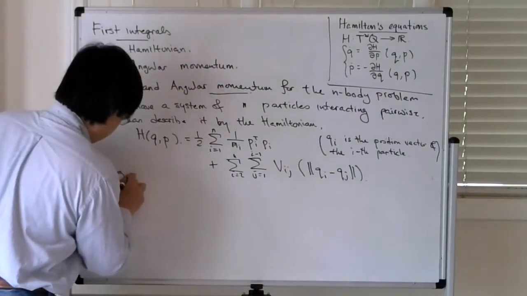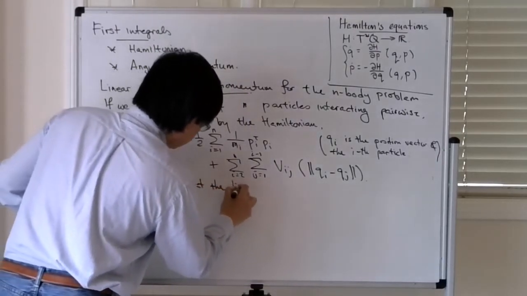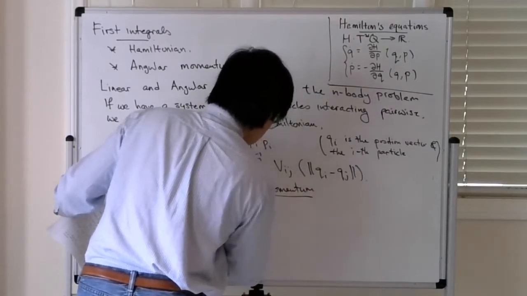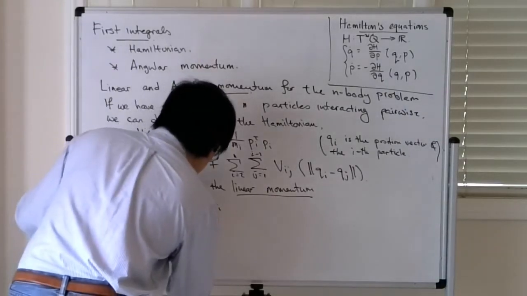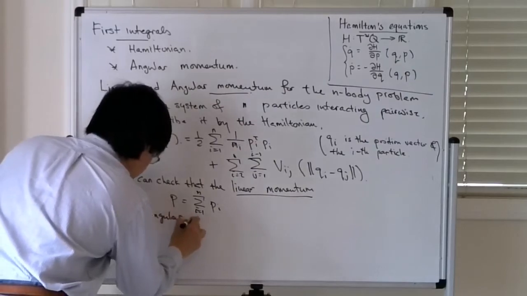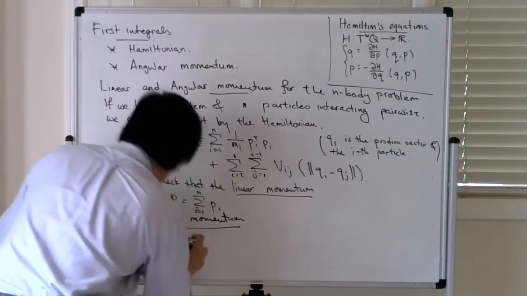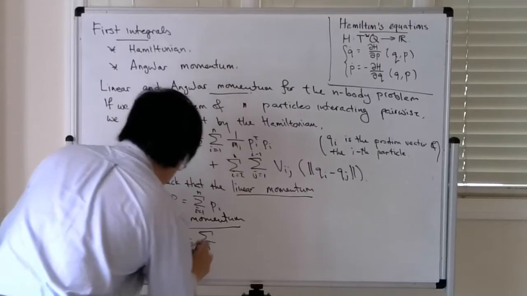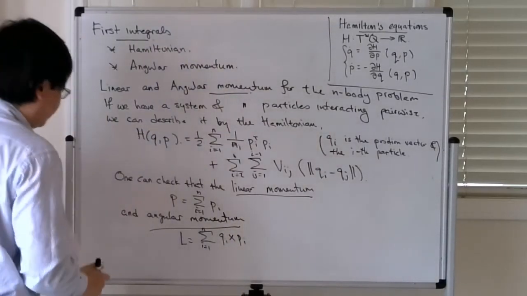One can check that the linear momentum, which has the form the sum of the pi's, and the angular momentum, which is of the form the sum from i equals 1 to n of Qi cross product pi, are first integrals of the flow.